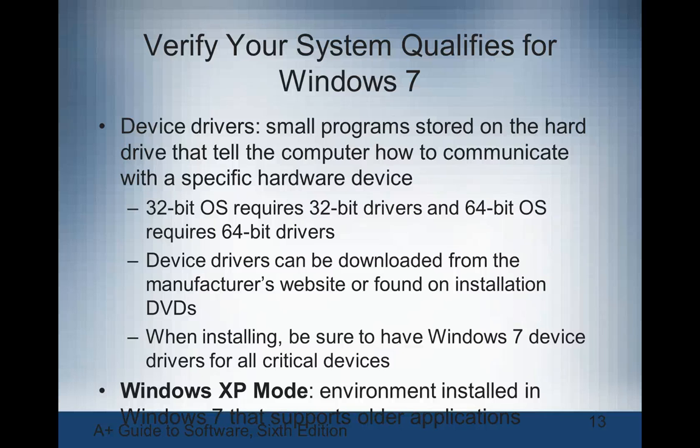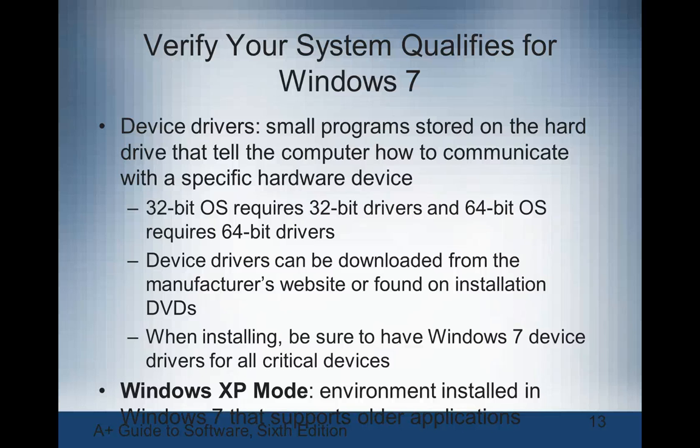XP mode down here says an environment installed in Windows 7 that supports older applications. What that means is if you have applications that will only run on Windows XP, you can still install Windows 7, and with the upper end editions, you can install Windows XP mode, which runs a Windows XP virtual machine on your Windows 7 desktop.